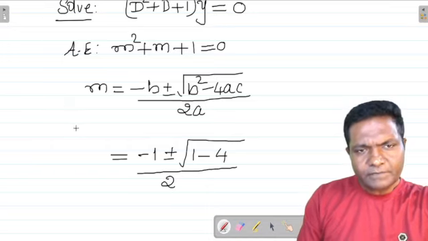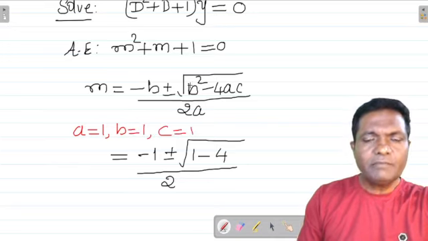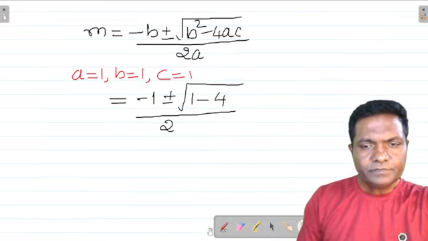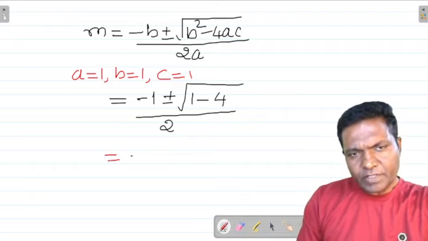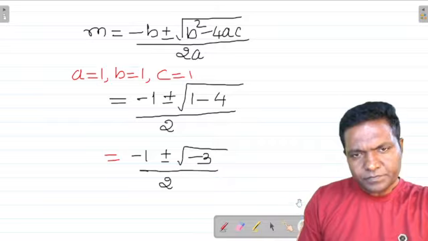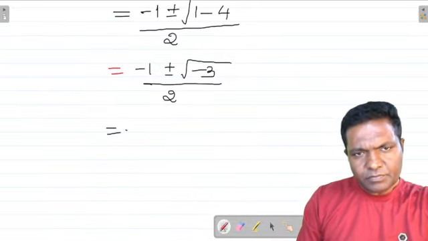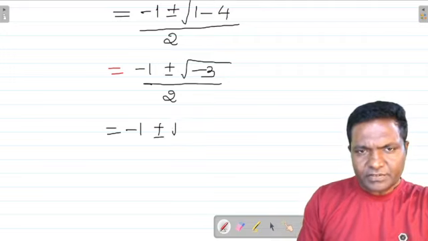Here a, b, c are 1, the coefficients of m², m and the constant respectively. So this gives you minus 1 plus or minus square root of minus 3, divided by 2, which gives minus 1 plus or minus root 3 i, divided by 2.